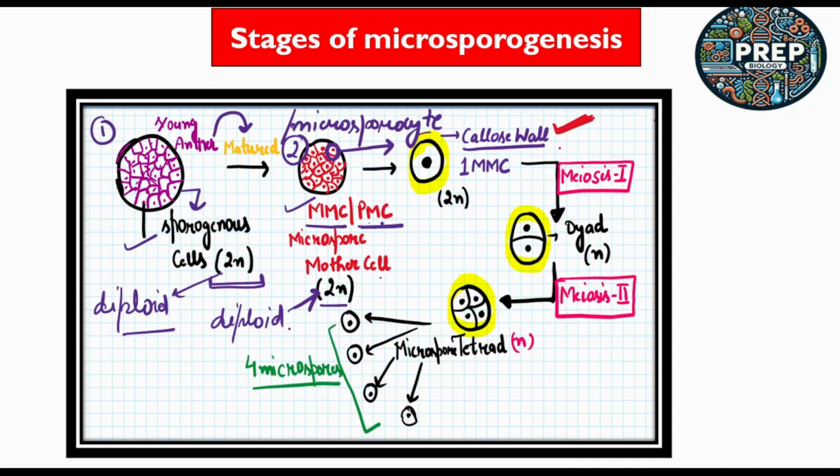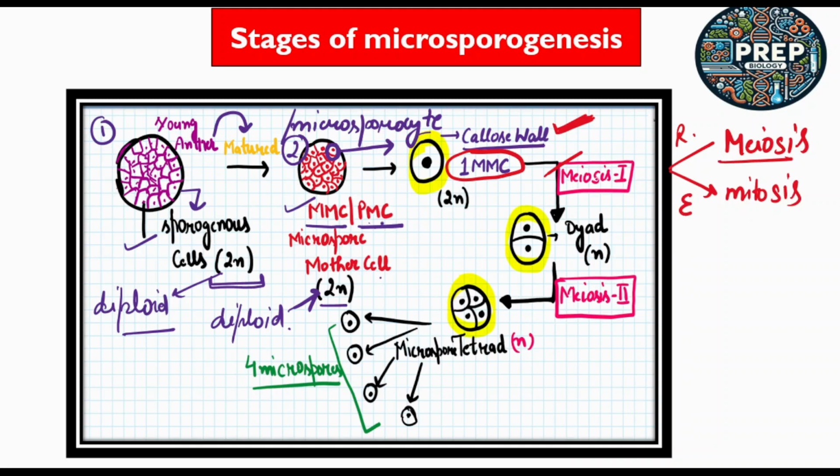Now one microspore mother cell undergoes meiosis 1, that is the reductional division. We know there are two divisions, meiosis and mitosis. Meiosis is reductional division, mitosis is equational division.